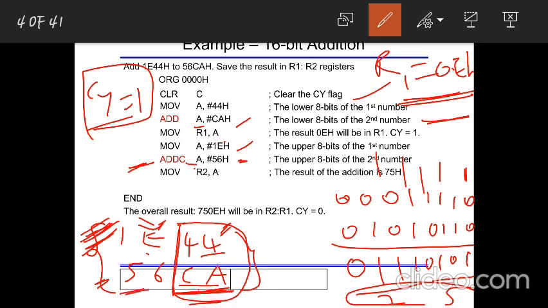After adding both, the result I got is 75. Now that 75 is moved into A, because the result is stored in the accumulator. So after execution of this line, the result is stored in the accumulator. Now that accumulator is moved into R2, because in the question it was mentioned to save in R1 and R2. So A is moved to R2.